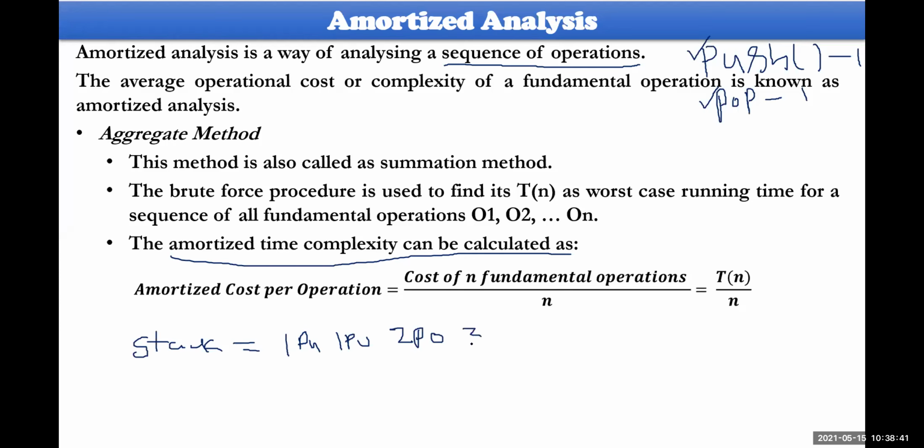and then three pushes, and then two pops, and then one push. For example, these operations will be taken continuously. How many operations are there? This is first one, second one, third one, fourth one, fifth one, and sixth one. Totally 6 operations are there.